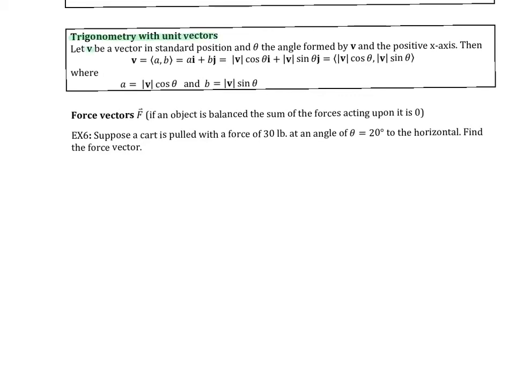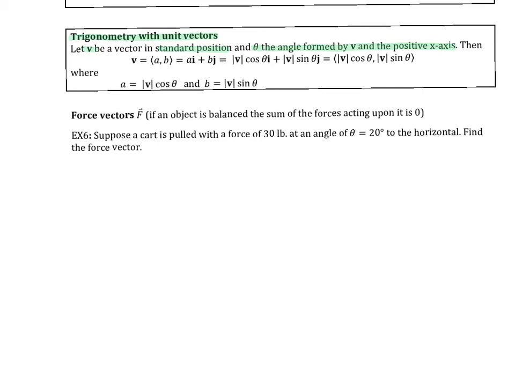One of the most useful things we have with vectors is writing them using trigonometry. So first of all, our vector is going to be in standard position, and it has to be in standard position because we're going to describe it in terms of our angle theta. Theta is the angle formed by our vector and the positive x-axis. So we're going in the usual counterclockwise direction.